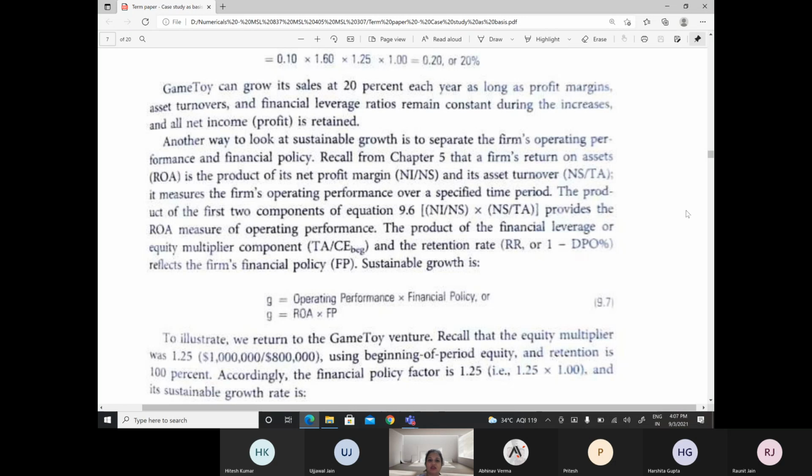We can recall, okay, so this you will not be able to recall because you have not done the main things, but you should understand that the net profit margin is nothing but net income upon net sales. Asset turnover is nothing but net sales upon total assets. Now, we will be doing a chapter on the ratios which are common to startups, and so we will do this over there again.